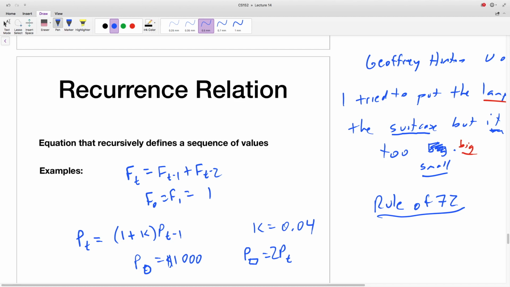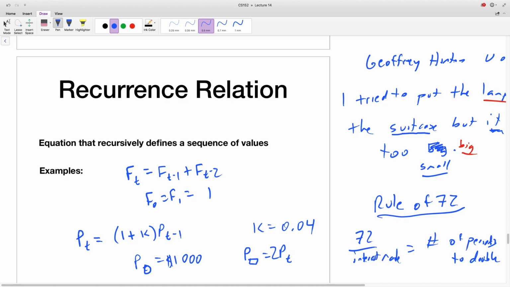The rule of 72 says take 72 and divide by your interest rate, and it's the number of periods, normally years, to double. It's very useful so that you can come up with that number 18 as opposed to log 2 over log of k plus 1, which would work.